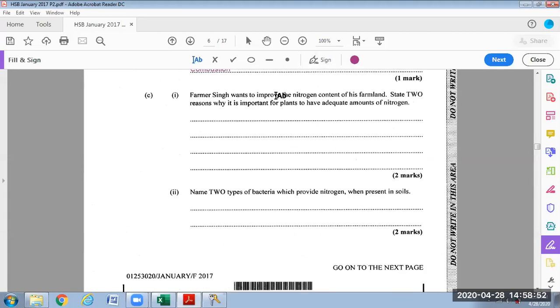C, part 1. Farmer Singh wants to improve the nitrogen content of his farmland. Suggest 2 reasons why it is important for plants to have adequate amounts of nitrogen. Why do plants need nitrogen? What do plants use nitrogen for?